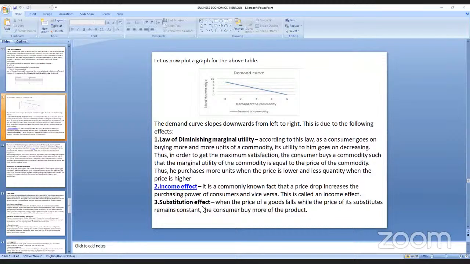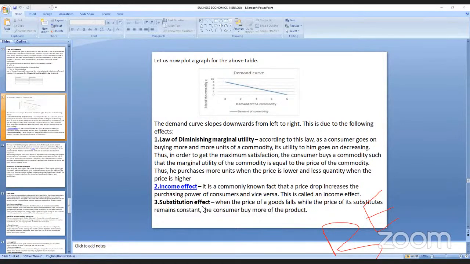That is, marginal utility of the commodity is equal to the price of the commodity. He purchases more units when the price is lower and less quantity when price is higher. Is it clear?